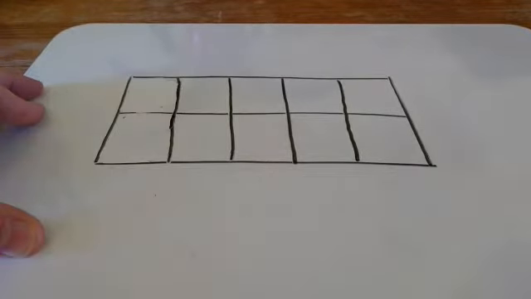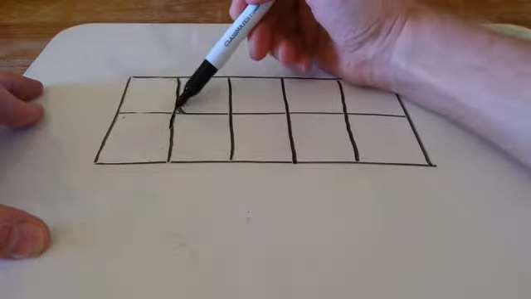Okay, what I'm going to do now, I'm going to colour in some different amounts in this shape, in this fraction, okay? Now what I want you to do is to write down on a piece of paper at home how many tenths I've coloured in, and I want to write it as a fraction. Are you ready?